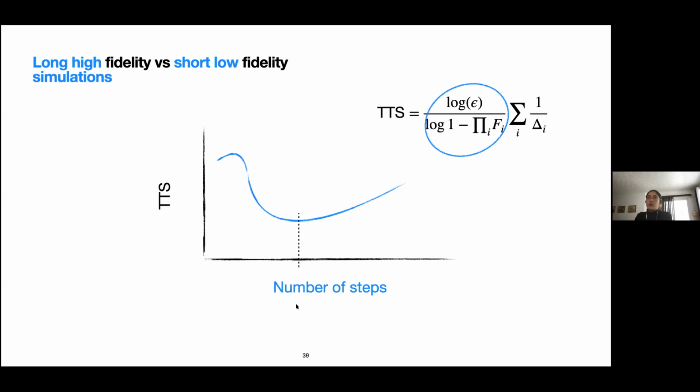What I mean by the number of steps is really the discretization that we use. So the number of intermediate Hamiltonians, so projective measurements, that we use. And so we'll choose this number based on this graph. So this is a classical optimization that we do.